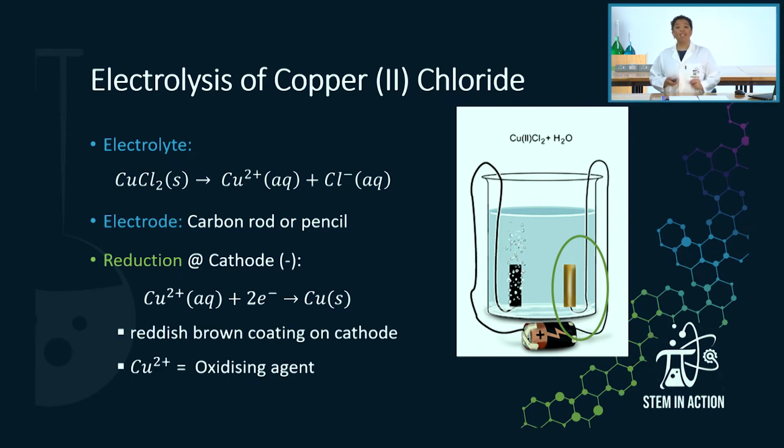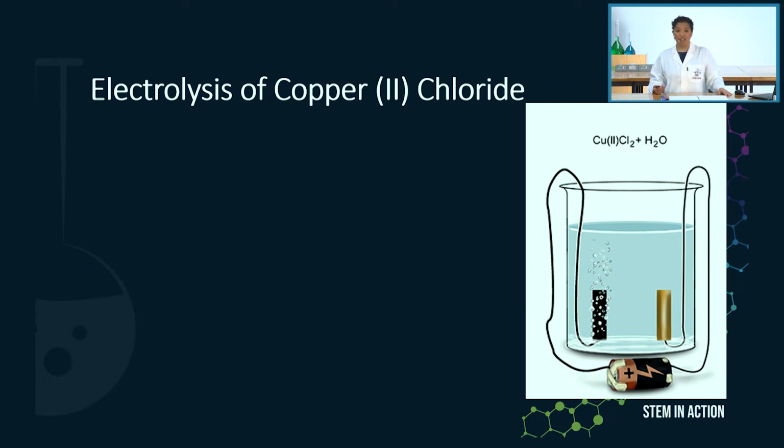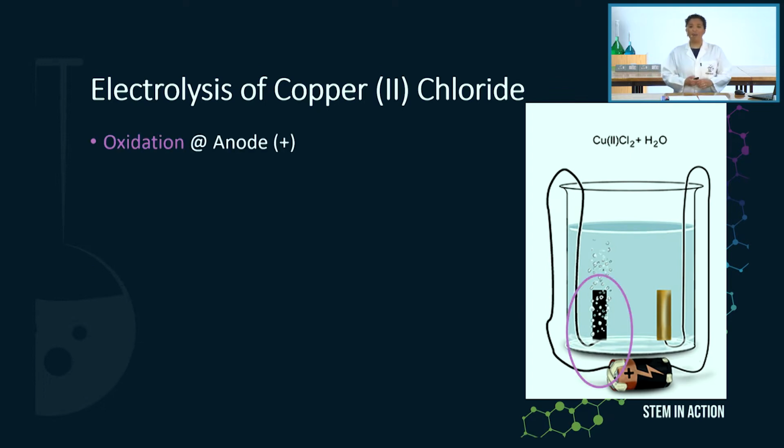The copper 2+ ion, since it is now being reduced, is what we call the oxidizing agent. You'll remember that we covered most of these definitions in part 1. So let's consider the other half reaction. At our anode, oxidation takes place. The chloride ions lose electrons to form chlorine gas.